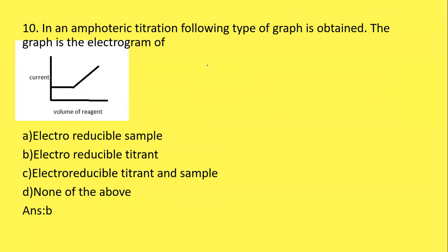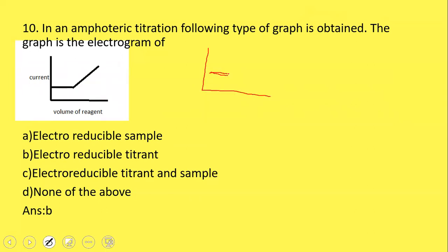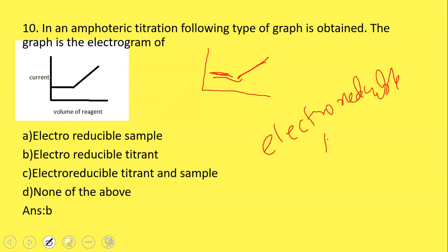Okay. So in this graph, first there is a constant current, then an increasing current. This is the electroreducible titrant. If the electroreducible titrant is present, then the graph will be like this.